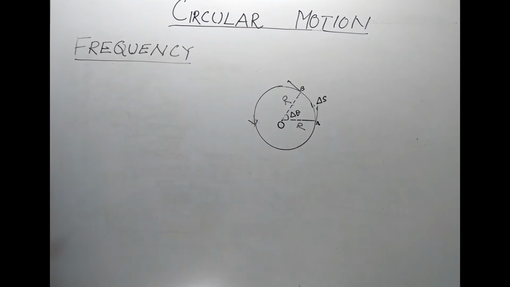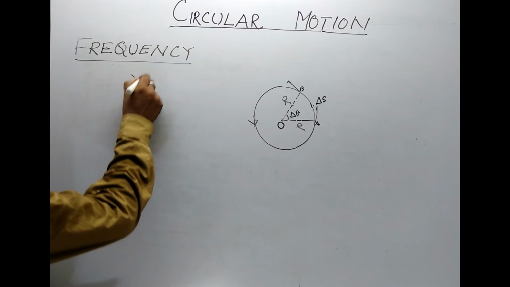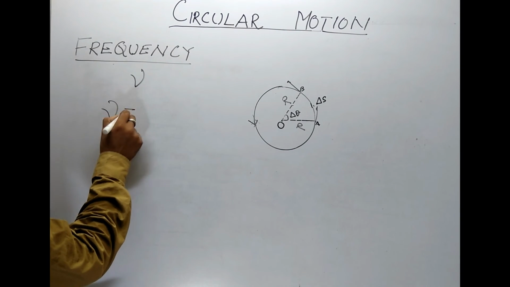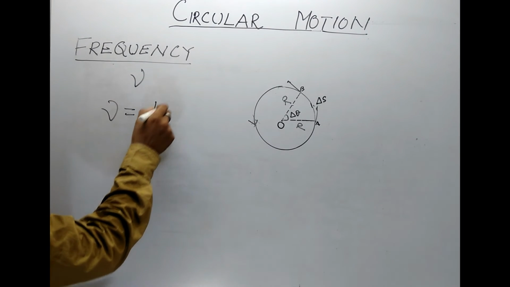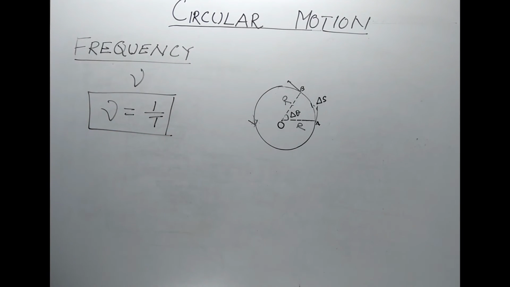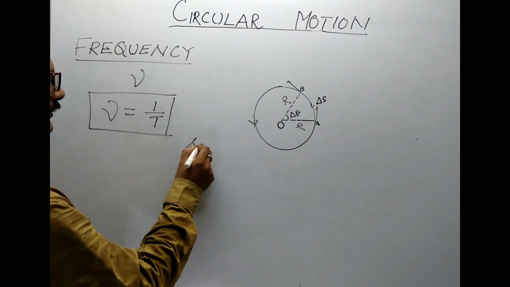Now we are going to discuss frequency. Number of rotation completed by particle in 1 second is called as frequency, and it is denoted by nu. Now, nu equal to 1 by T. This is the relationship between frequency and time period, and unit of frequency is per second.